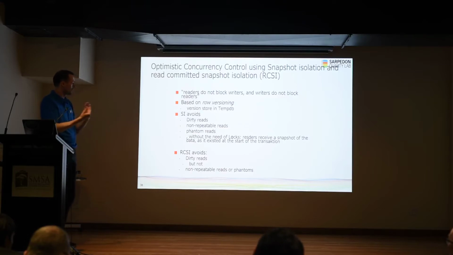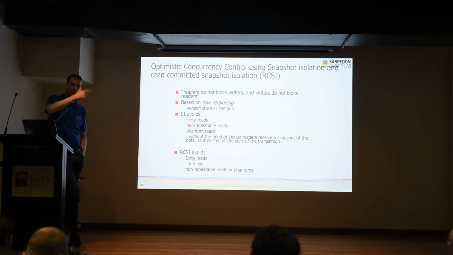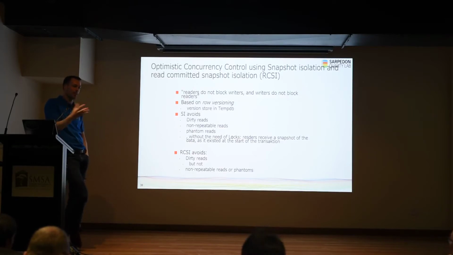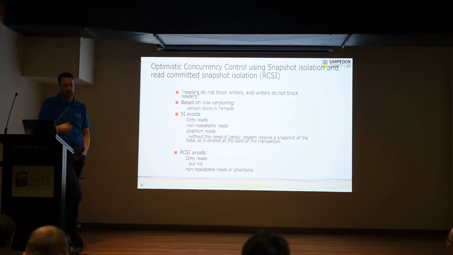But in case there is an update, you get the old version. So that's based on snapshot isolation, which also has the same effect in the primary because it does increase the row size of the primary, even though you don't have the snapshot isolation on the primary, but you have it on the secondary. The secondary has the same database, so it needs to have the effect in the primary. Now, so you have to monitor it.